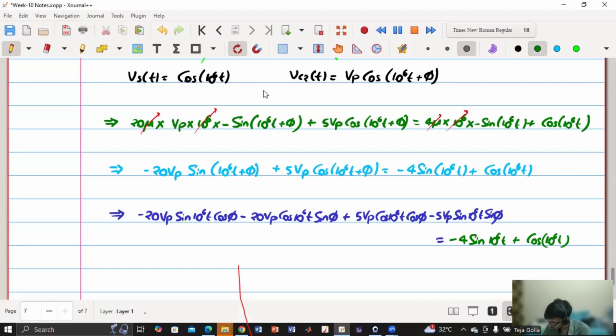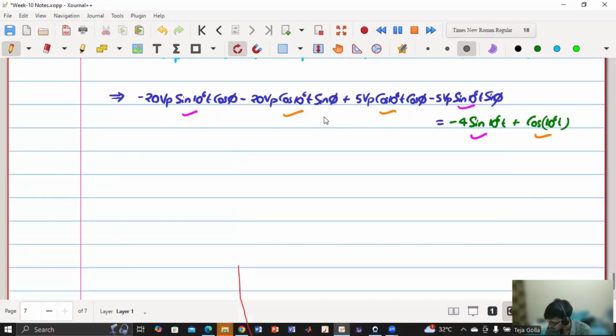Now I'll have two equations, one for sine 10 to the power 6 t and the other for cos 10 to the power 6 t. We'll directly compare the coefficients on both sides. One equation, for sine 10 to the power 6 t: minus 20 Vp cos 5, minus 5 Vp sin 5, equals minus 4.